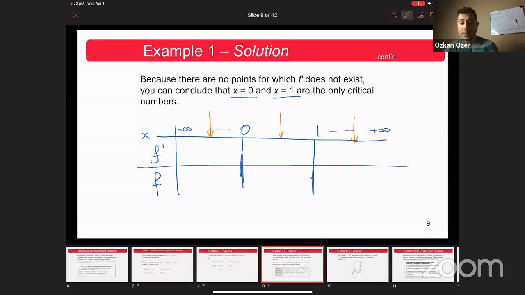I'm going to pick sample points from each column. Since we're in the interval minus infinity to 0 here, I'm going to choose a simple number like -1 as my sample number. And here I'm going to choose 1/2, and here I'm going to choose 2. So we're picking one number from each interval.